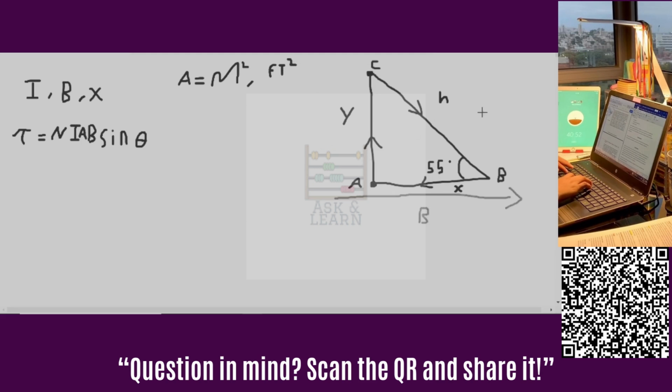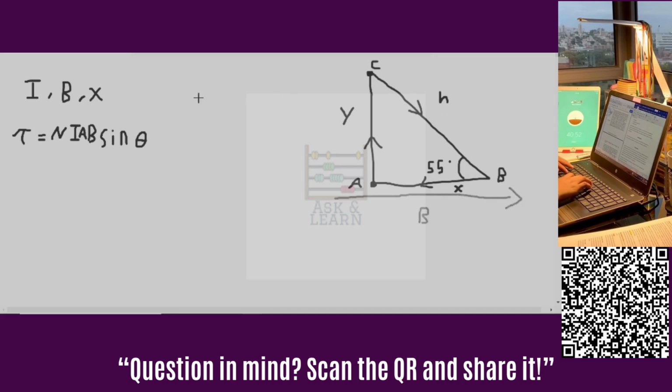But this is simply one-dimensional area, so all we need is the length in that case. That's all that's going to contribute torque to our tau here. We've already eliminated n because there's only one loop. We have our current, we have our magnetic field, and we have side x. We need this length h.